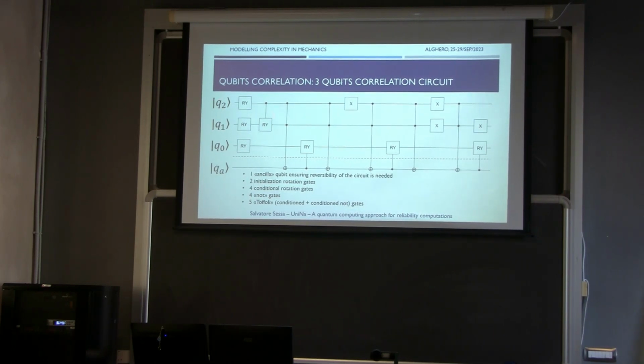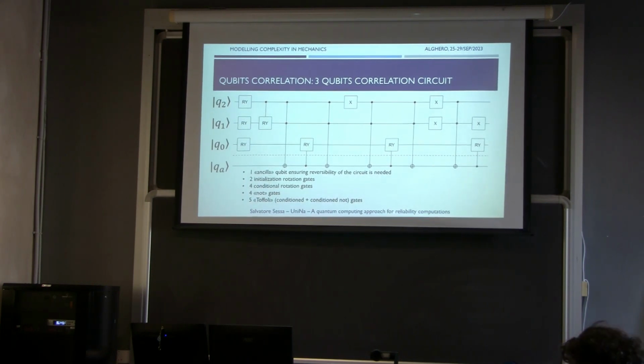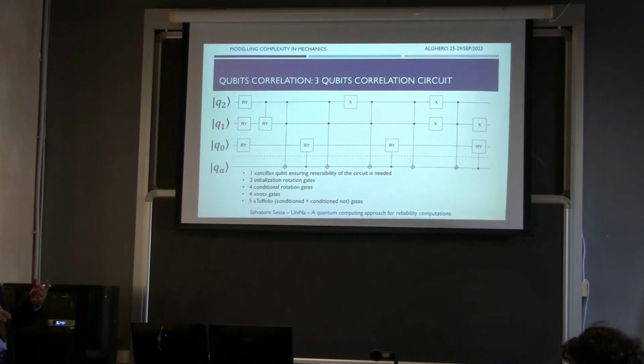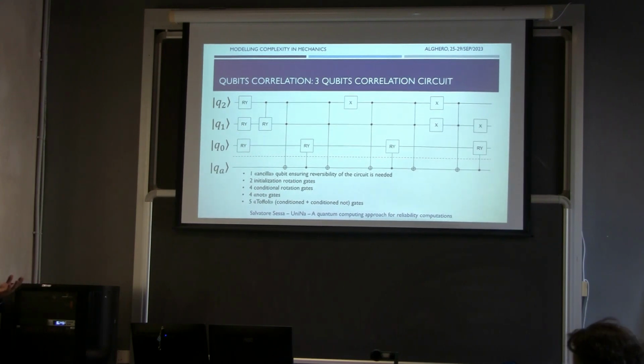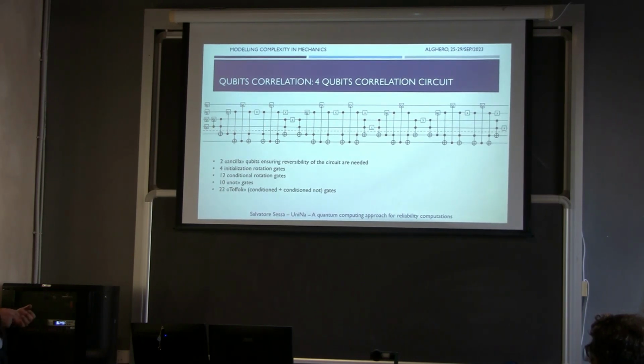In general, we have more conditions, and we should address different combinations of them, but we just need these gates here, and most important, one additional qubit, the ancilla, which must ensure that the operation is reversible. And also, I did it with a 4-qubit description in here, so in this case we have many more gates.